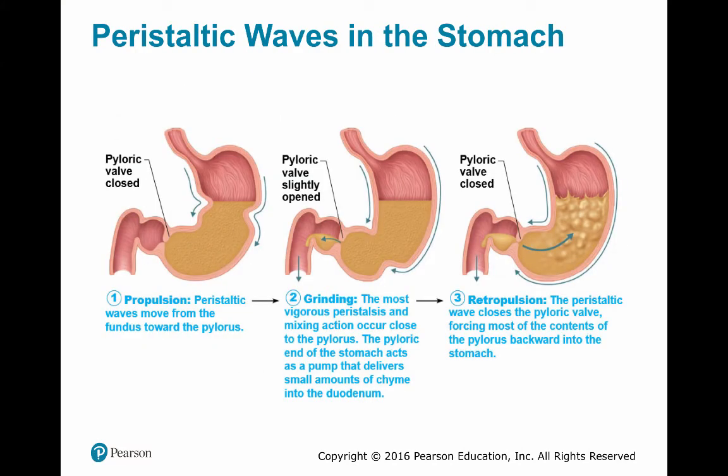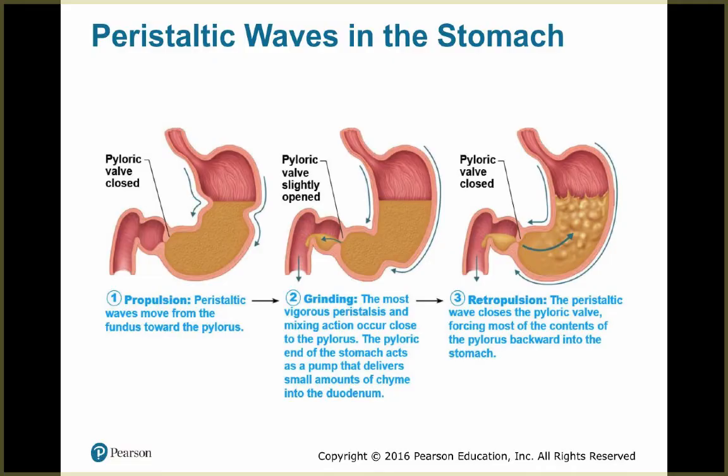When you're looking at the peristaltic waves in the stomach, you can see it contracts here, and so you have propulsion. Waves move from the fundus up here down to the pylorus, which is here, right? You can see it's starting to move down. And then you have grinding. That's the most vigorous peristalsis, and the mixing action occurs closest to the pylorus.